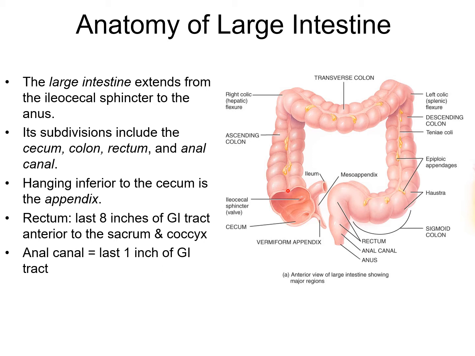We have the colon, and within the colon, we have the ascending, transverse, and descending colon, the sigmoid colon, and finally the rectum, where the fecal material collects and is ready for defecation.